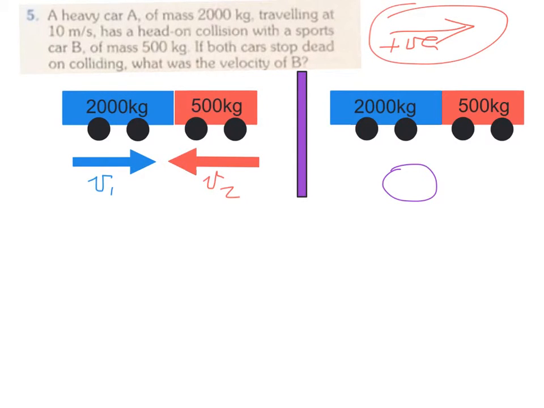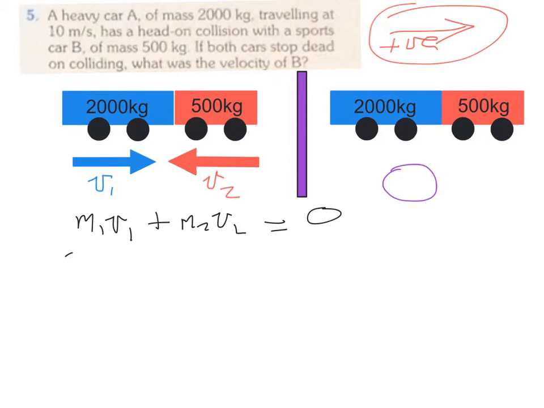So let's just assume that everything on the far side is 0. So our equation is just going to be that m1 v1 plus m2 v2 equals nothing.